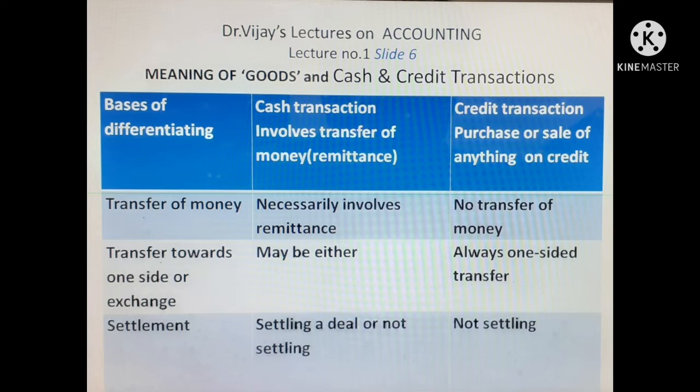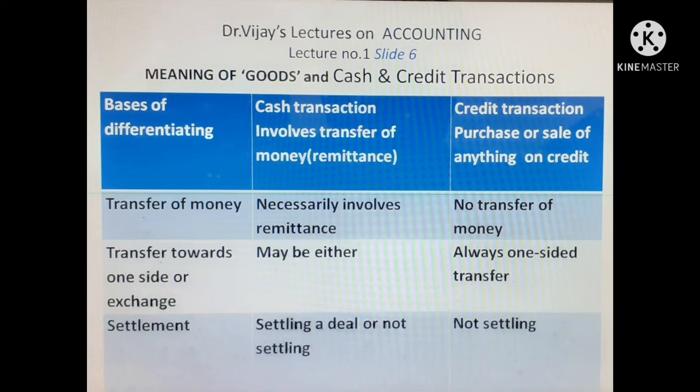Here is a table comparing cash transactions and credit transactions. Let us see that. Cash transaction involves transfer of money, remittance. Unless there is a remittance, payment of cash, it is not a cash transaction. Credit transaction means purchase or sale of anything on credit.